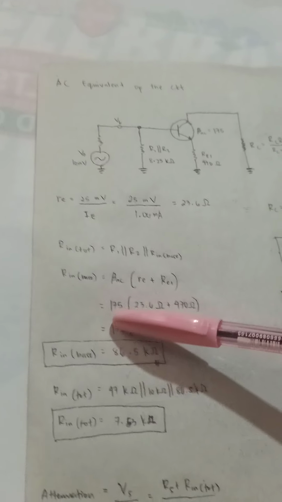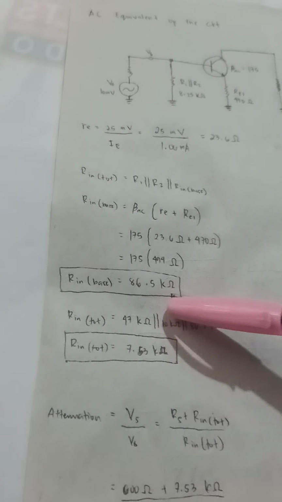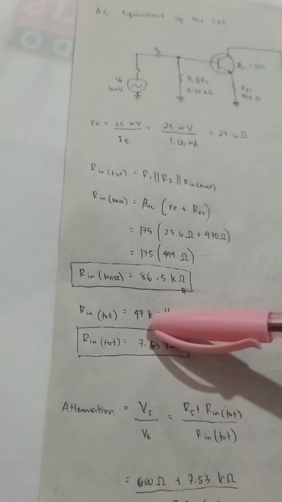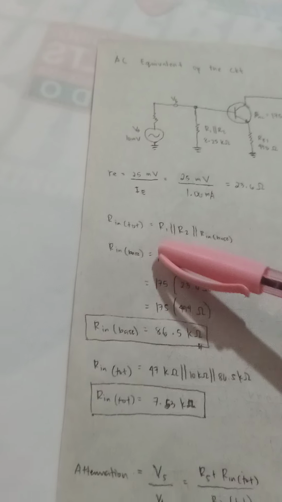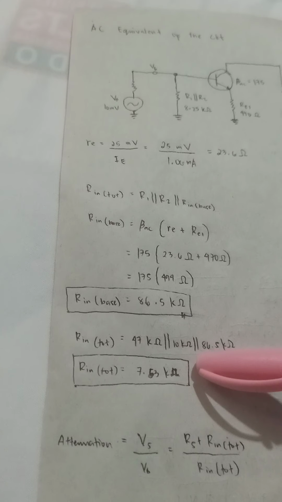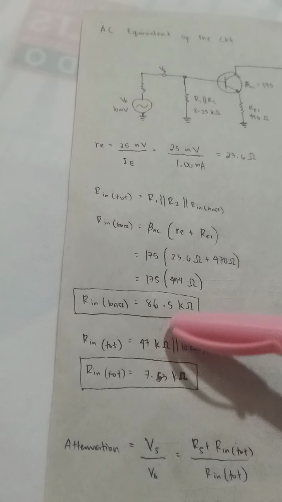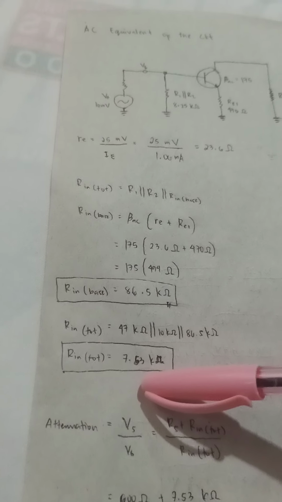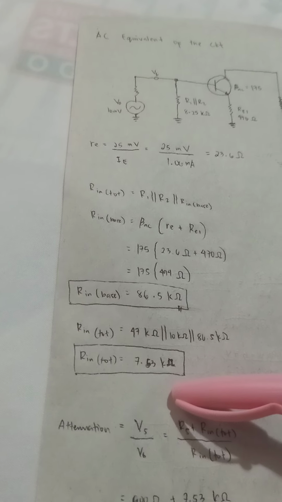So the resistance at the base is equal to 86.5 kilo ohms. Now we can find the total resistance. So 47 kilo ohms parallel with 10 kilo ohms parallel with the base resistance, which is 86.5 kilo ohms. So the total resistance is equal to 7.53 kilo ohms.